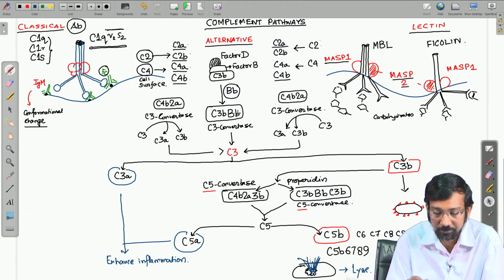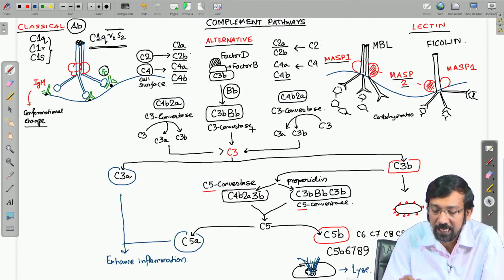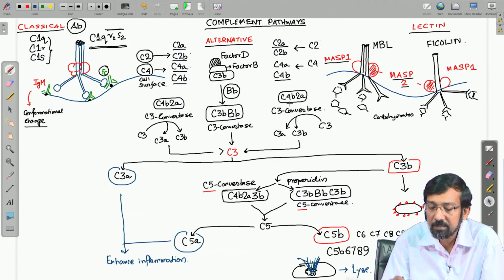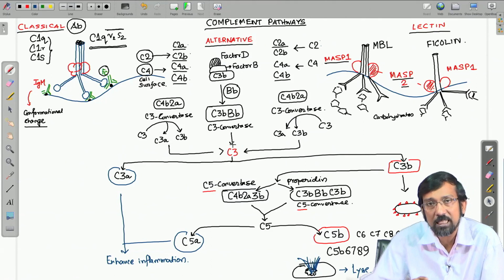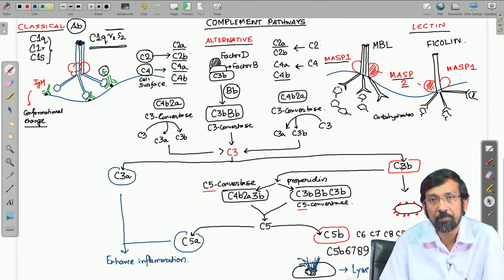C3bBb. So, from the three independent pathways, what we get is three C3 convertases, and what they all do is they attack the C3 again, and they try to break down as much C3 as possible into C3a and C3b.